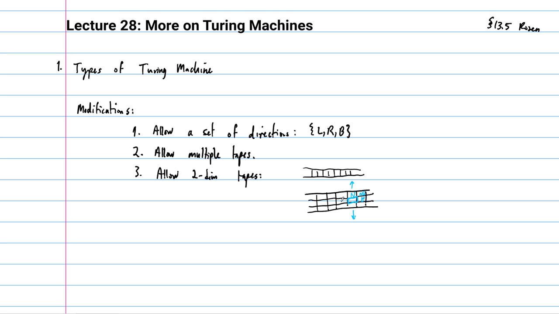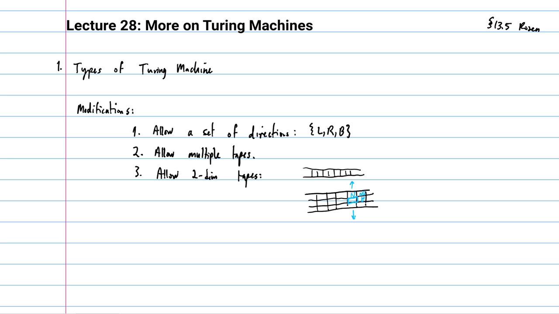So you could have your 8 directions from your compass, and then your 9th don't move, and you could have a two-dimensional tape that kind of scans along like this. And again, an infinite tape in all directions just extends like a plane, as opposed to a strip.